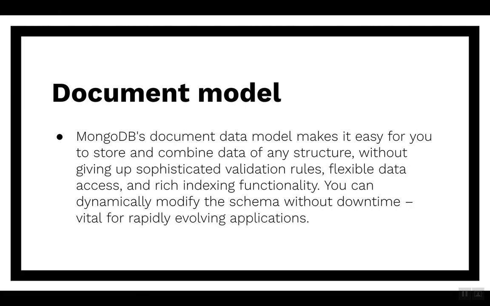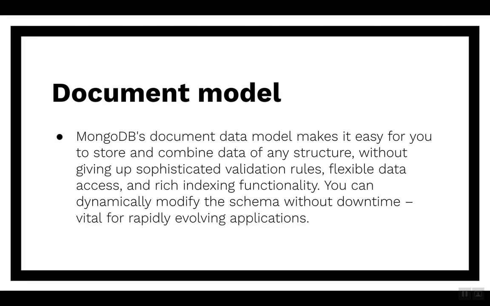All right. Moving on to the data model: MongoDB's data model makes it easier to store and combine data of any structure. That means it has a flexible schema, and MongoDB has a concept called collections, which we'll see in a moment, which do not enforce the document structure by default.